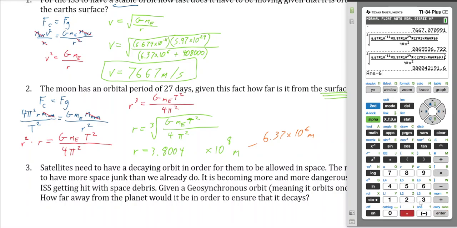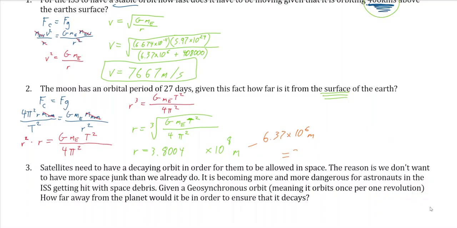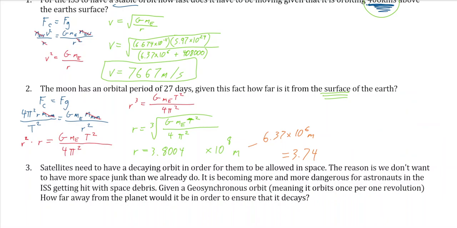But we'll do it anyway just to show how little of a difference that makes. So it does make a difference, just not a significant one, times 10 to the 8 meters. And actually with sig digs, we're talking 3.7 times 10 to the 8 meters as the correct answer.